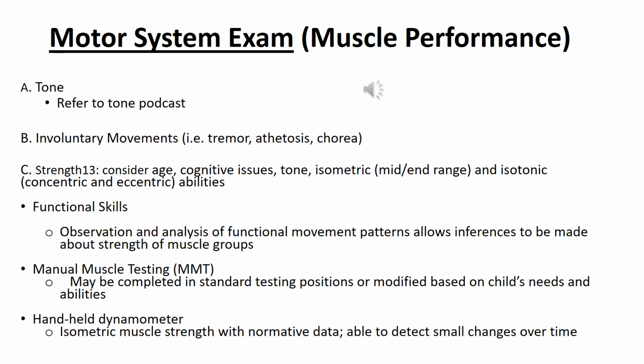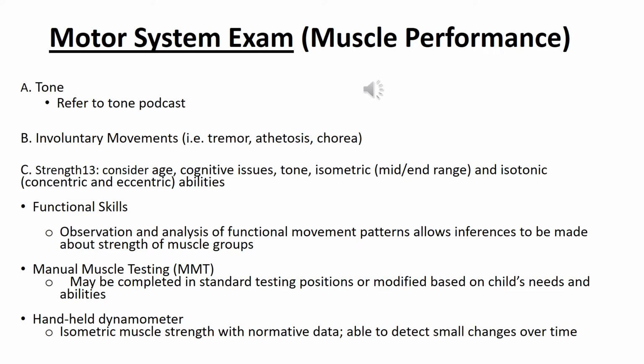We'll spend some time over the next few slides talking about the importance of the detail that's required for the motor system exam. So this is really where you're going to be examining and assessing that child's muscle performance as it pertains to their everyday functional activities.